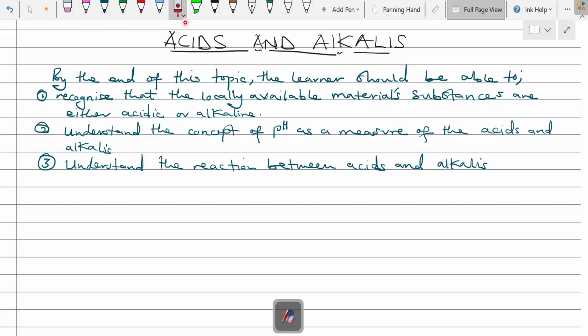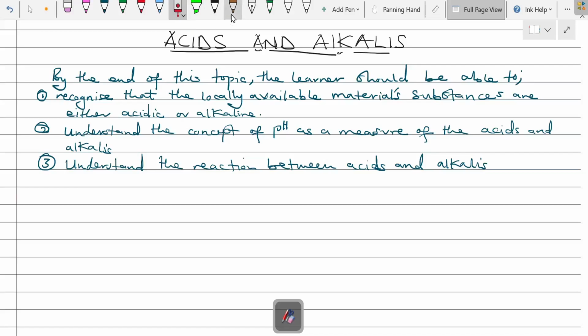Number two, understand the concept of pH as a measure of the acids and the alkalis. Number three, understand the reaction between acids and the alkalis.